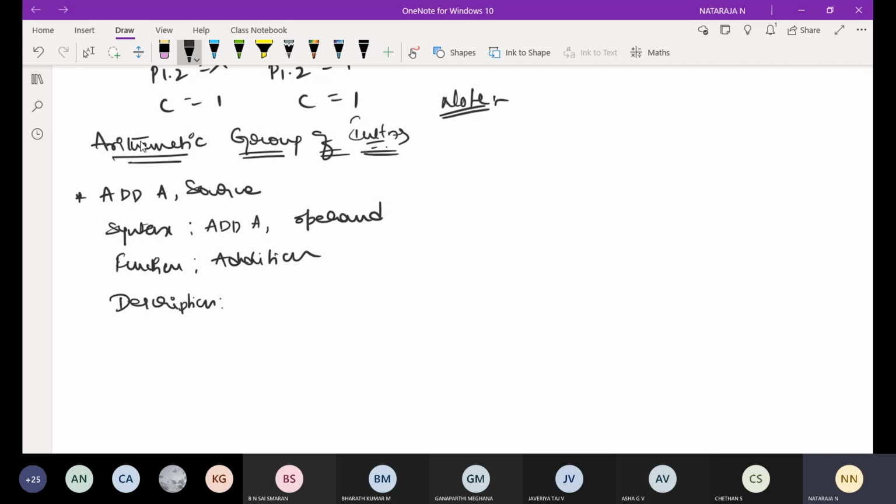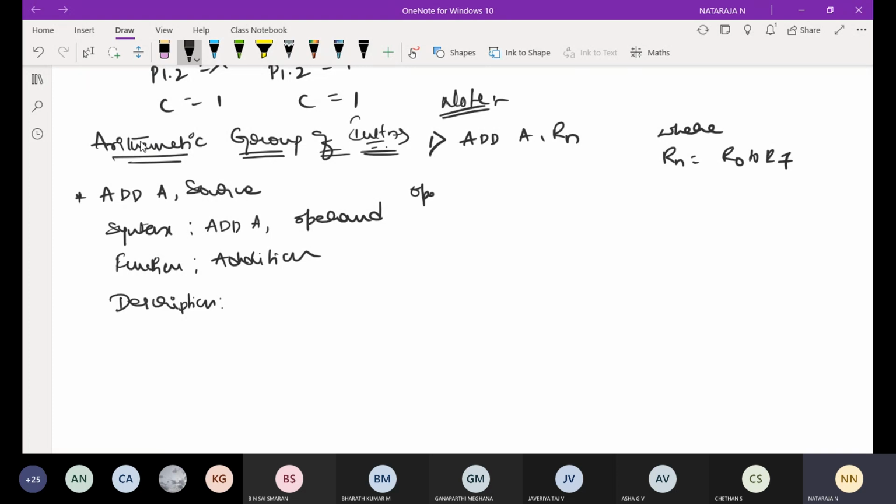Take the first instruction: ADD A, Rn, where Rn varies from R0 to R7.